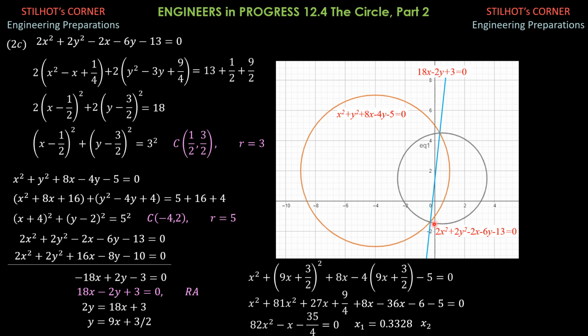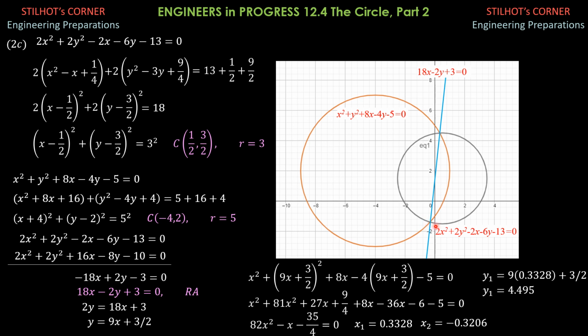and x2 is negative 0.3206. So when x1 is positive somewhere here, y is 9 times 0.3328 plus 3 halves, so that is about 4.495. So it's about 4.5 as my estimate.